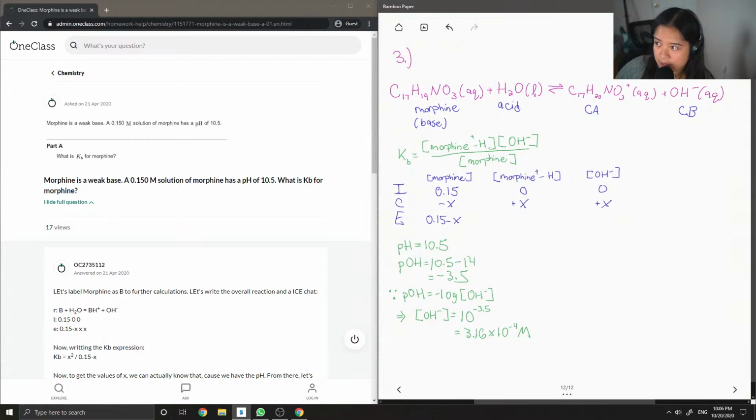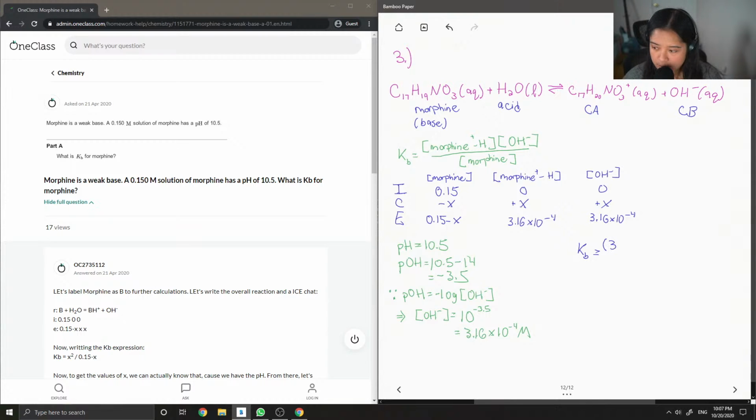Since it's a monobasic reaction, that is the same. This 3.16 times 10 to the negative 4 will be the same for both the concentration of OH minus and for the concentration of the protonated morphine. Okay, so now that we know what X is, we can sub the concentration values in our Kb equation.